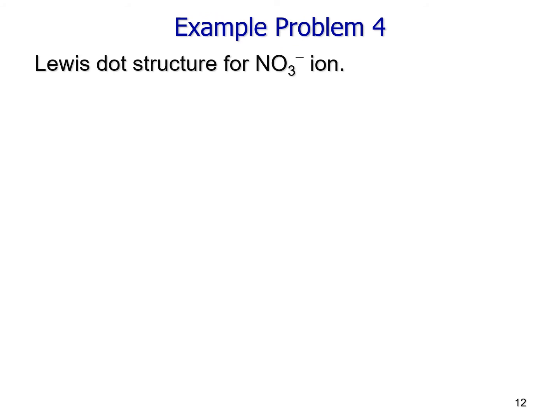I'd like to try out another example with resonance because resonance can bring us at least 3 questions in our final exam. For example, how many resonance structures can we get?